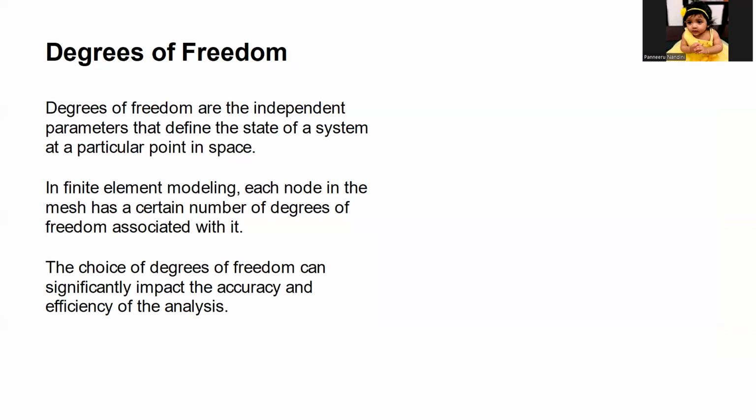In finite element modeling, each node in the mesh has a certain number of degrees of freedom associated with it. The choice of degrees of freedom can significantly impact the accuracy and efficiency of the analysis.